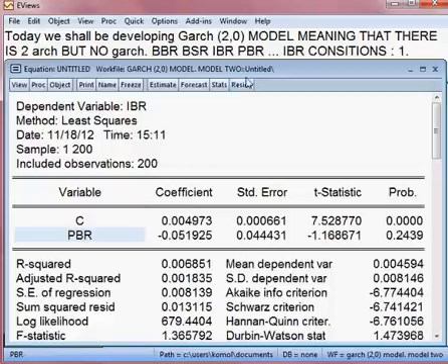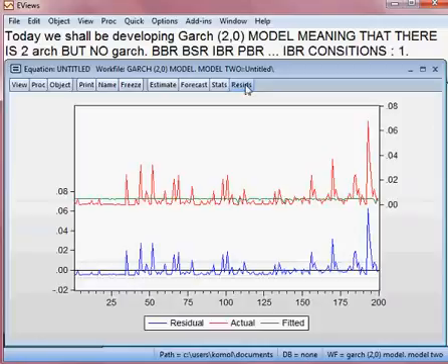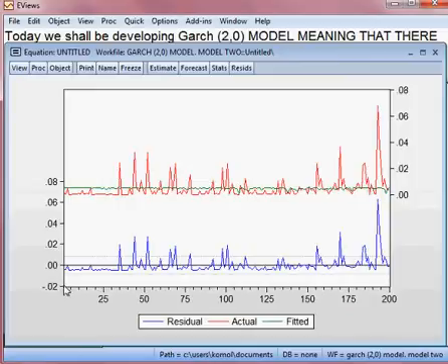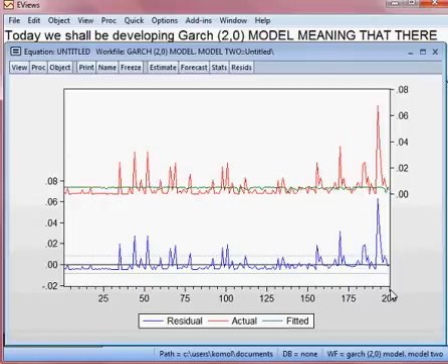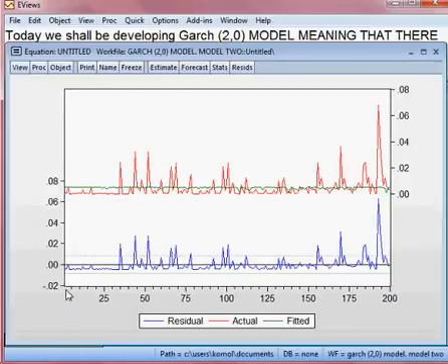I click here, and that is the residual outcome for 200 days, from day 1 to day 200. These are 200 days of volatility. Suppose from here to here is around 30 days.